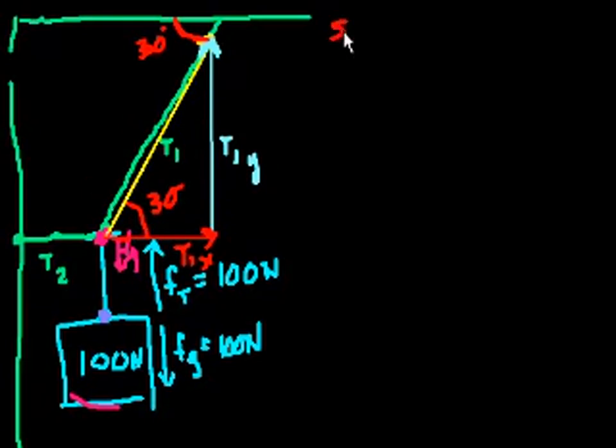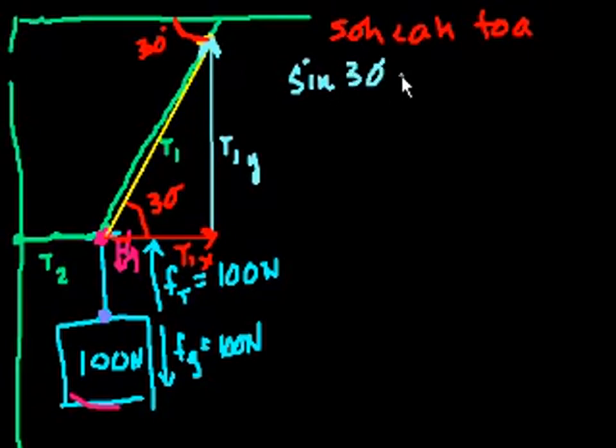Let me write SOHCAHTOA at the top, because this is really just trigonometry. SOHCAHTOA in blood red. So what involves the opposite and the hypotenuse? Opposite over hypotenuse, that's the sine. The sine of 30 degrees is equal to T1 sub y over the tension in the string going in this direction.